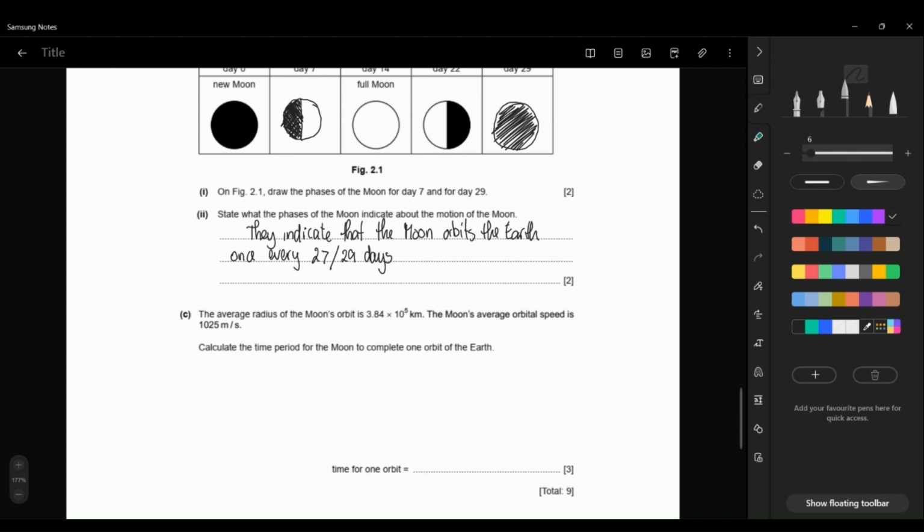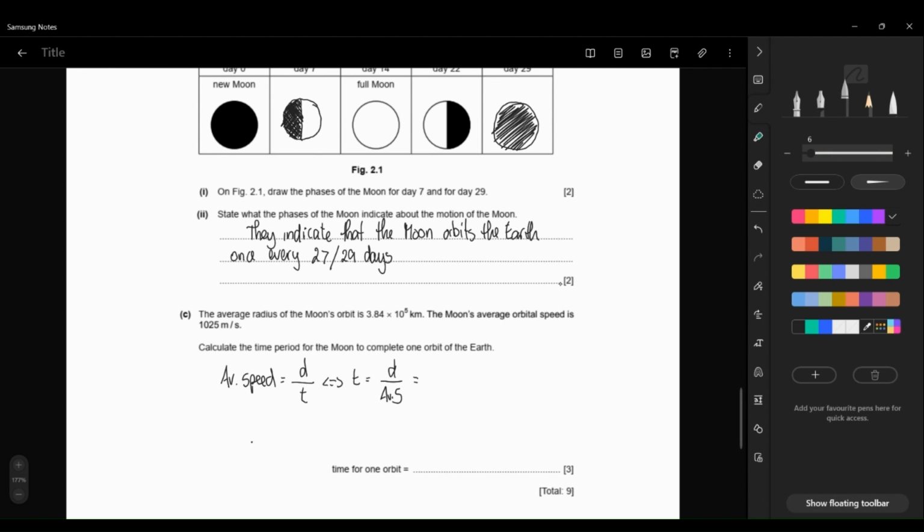We're talking about the average speed. So how do you calculate time knowing the average speed? The average speed equals the distance divided by the time. So this means that the time equals the distance divided by the average speed. What distance are we talking about?